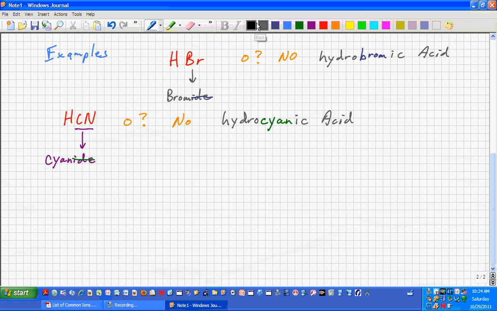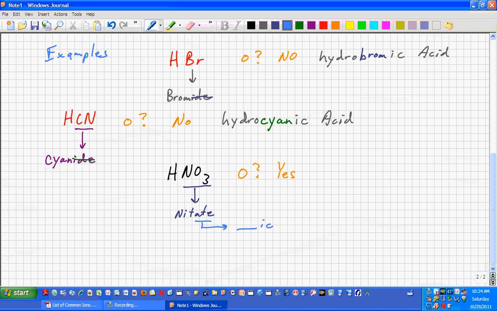Let's try another one. HNO3. Again, I ask myself, oxygen? Yes. So I have to look at the ending. So I'm going to take a look at this ion right away. This anion right here is the nitrate ion. Nitrate. So it ends in ATE, which means this will be blankic acid.